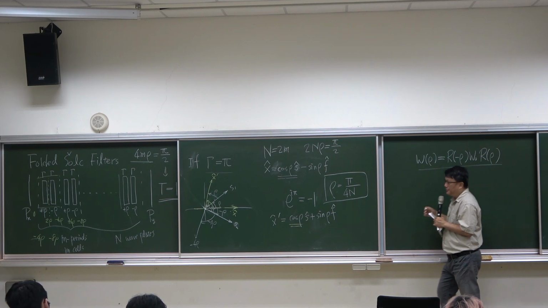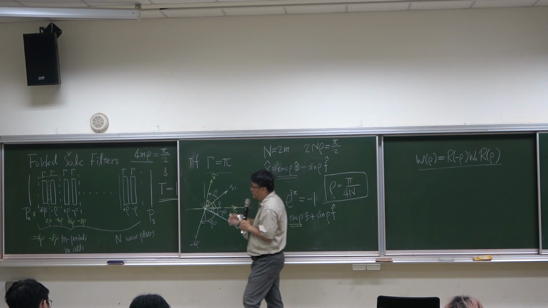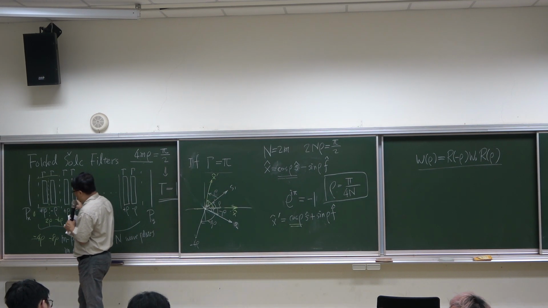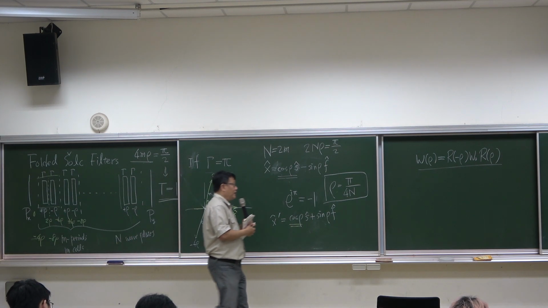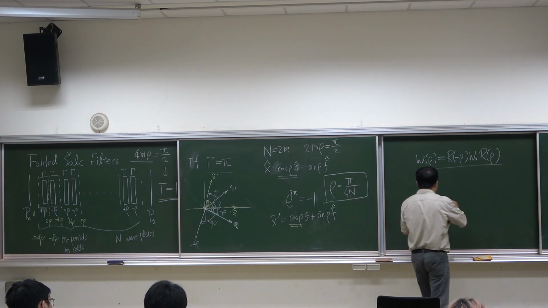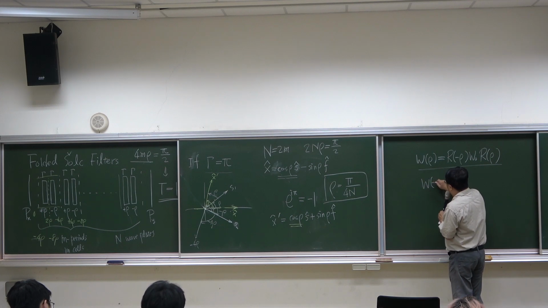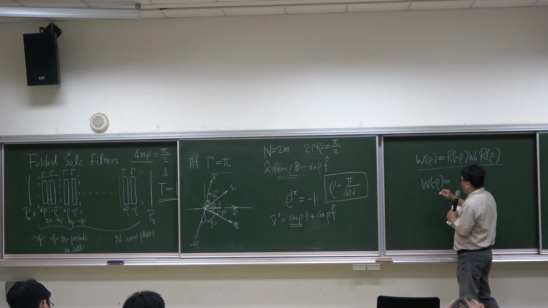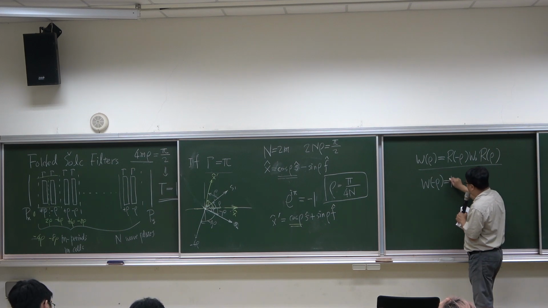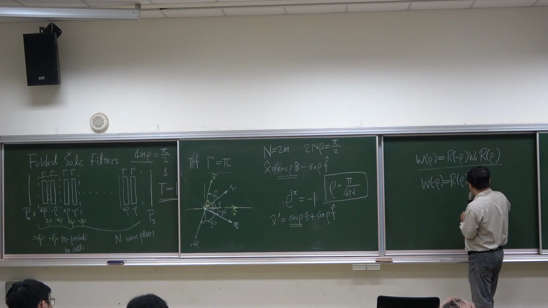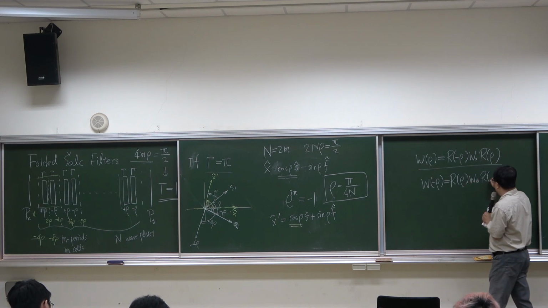This means that this represents the matrix of a wave plate having the orientation rho. Then the wave plate with orientation minus rho can be represented as R rho times W0 times R minus rho.